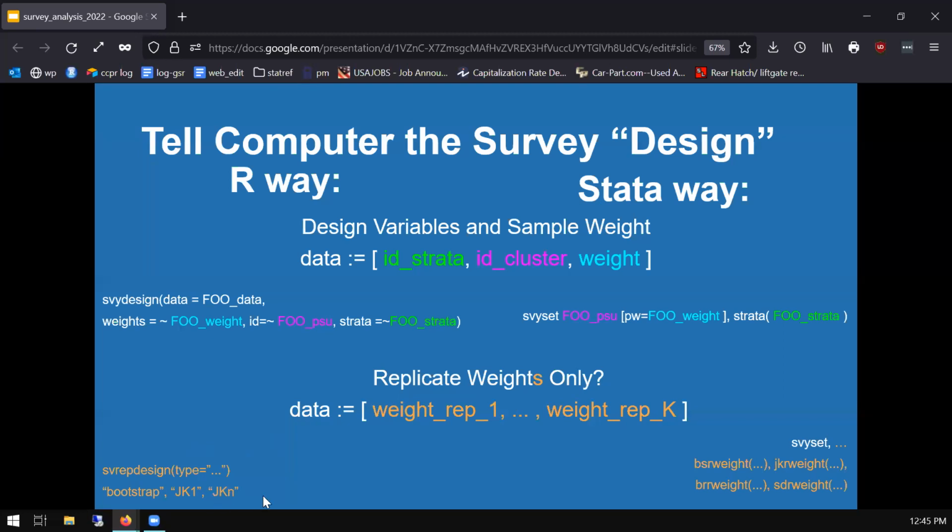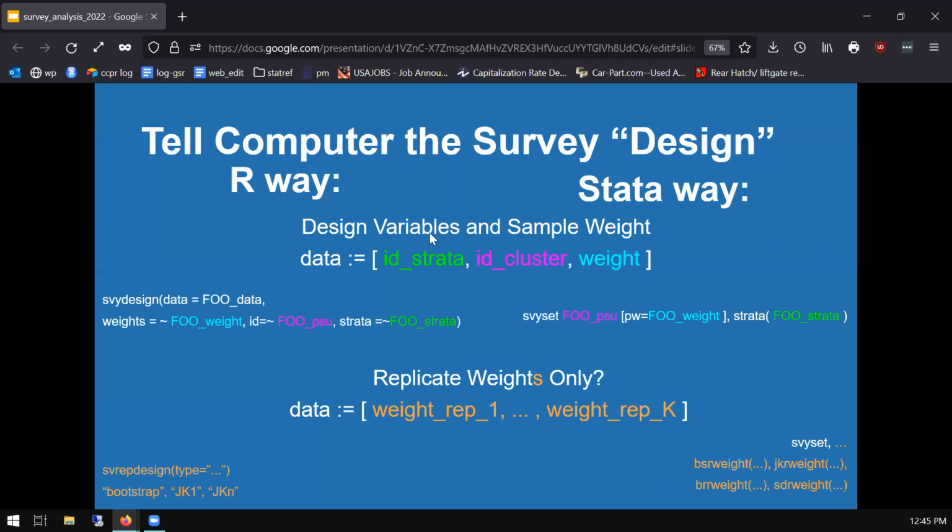So I kind of framed it where older data sets usually have the replicate weights, but I think there are some newer data sets where they also use replicate weights as a concern to protect privacy. If they want to protect very sensitive data, one way to do that is they'll release the data using replicate weights only.